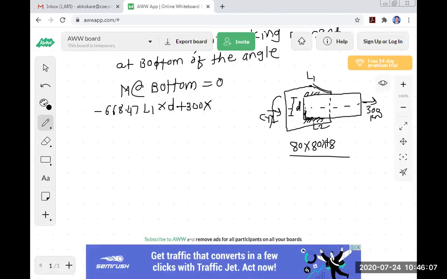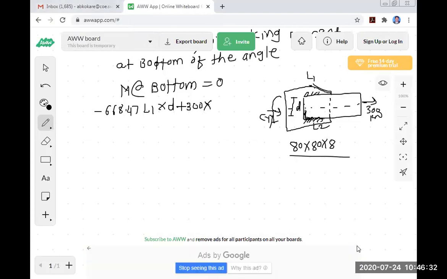So page number 10. Page number 10. Just a minute.